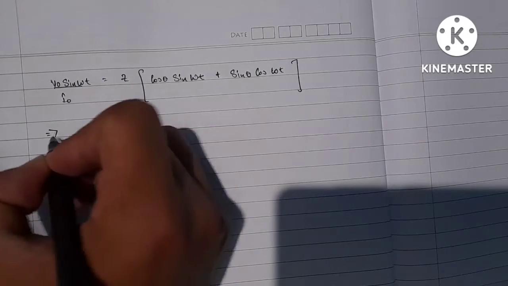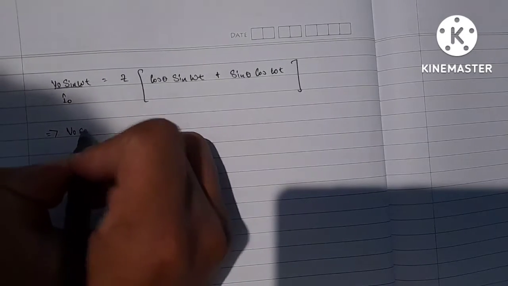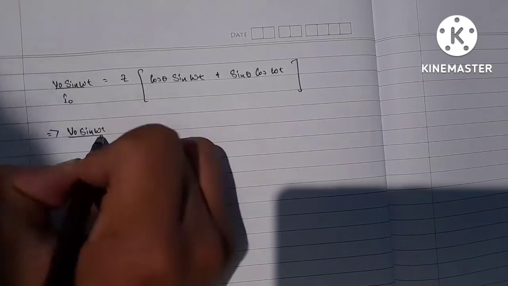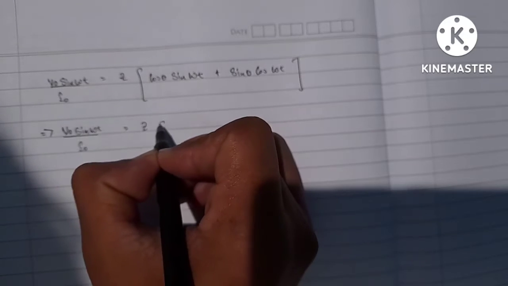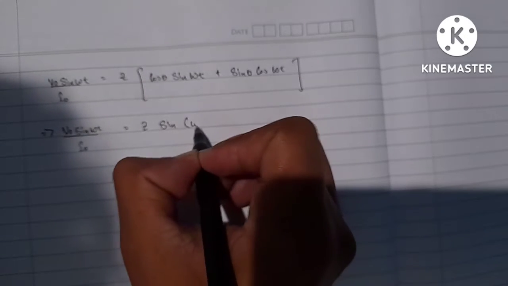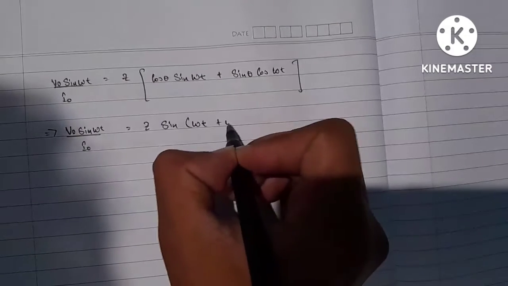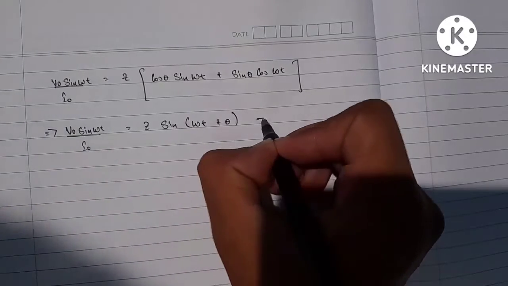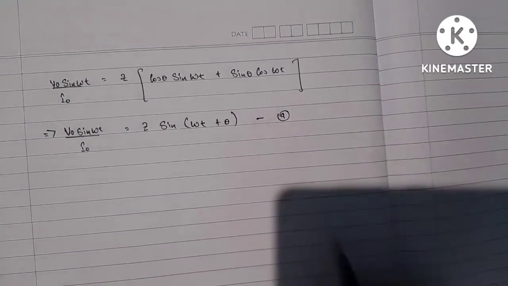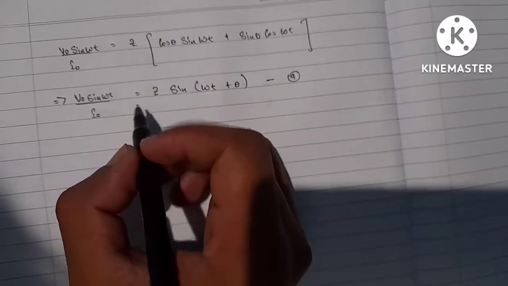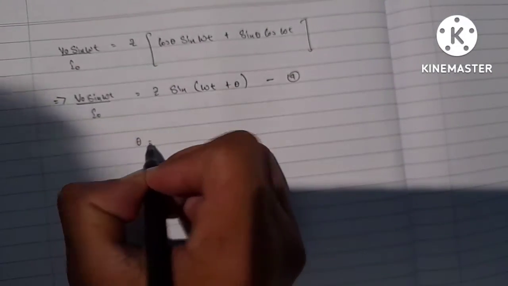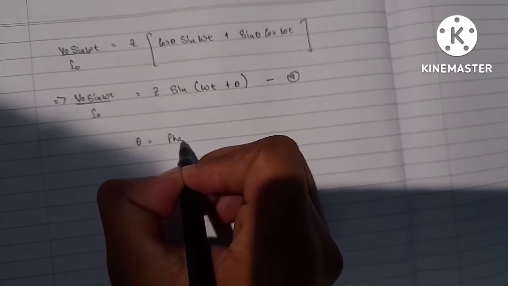From this we get V0 sin omega t by I0 equals Z sin (omega t plus theta). Let us consider this as equation number 9, where theta is the phase angle.